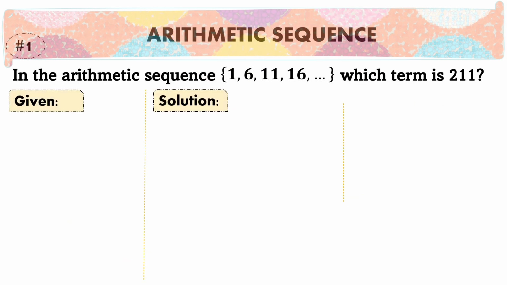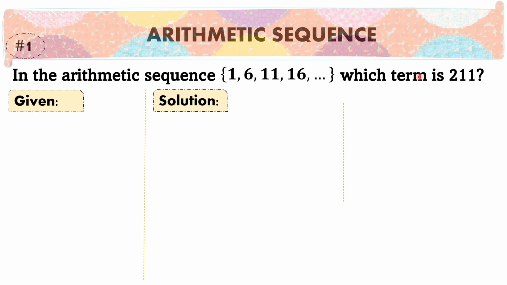So let us answer example number 1. In the arithmetic sequence 1, 6, 11, 16, and so on, which term is 211? So what term number is 211? What is its position?